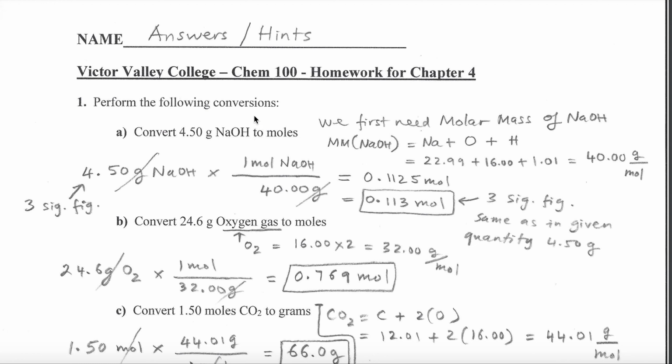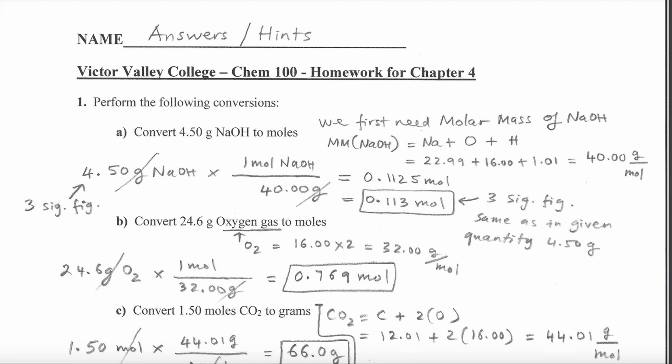For this particular one, it would be molar mass. For a dozen, 1 dozen equals 12 eggs, but this one is going to be molar mass. So that's what we have to do first. We need to calculate the molar mass of sodium hydroxide, and that will be sodium plus oxygen plus hydrogen.